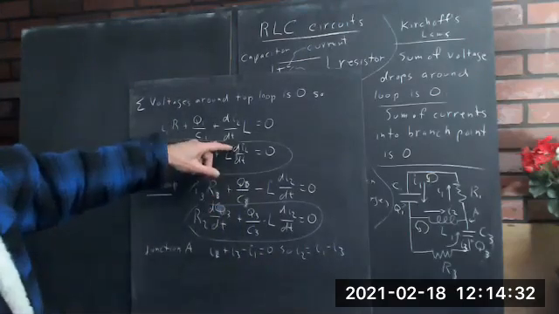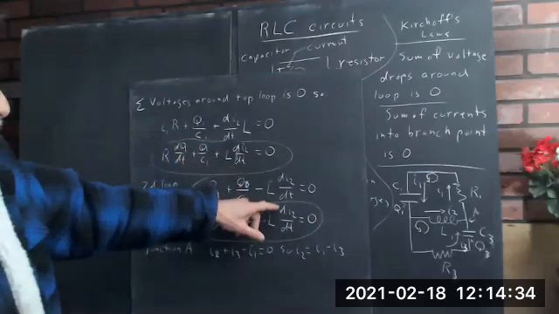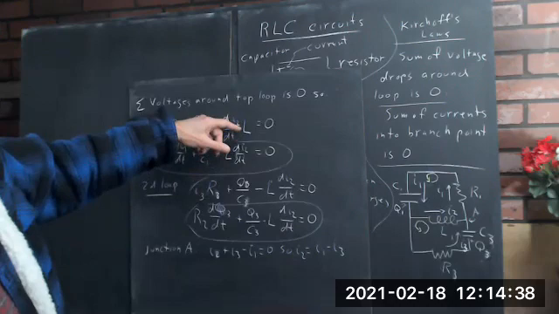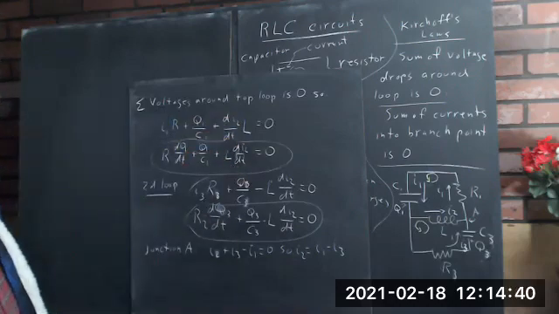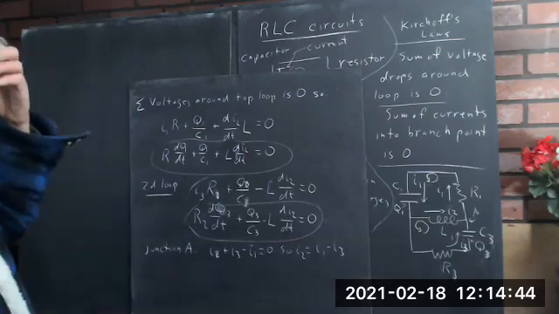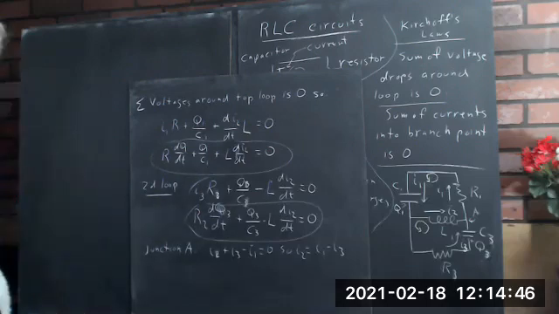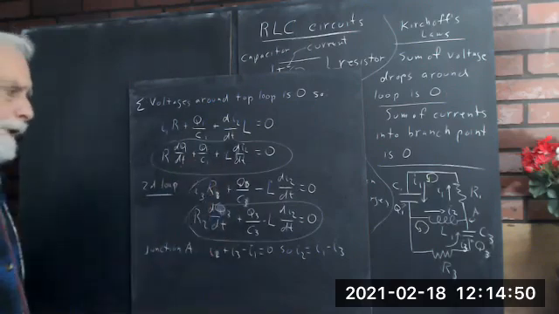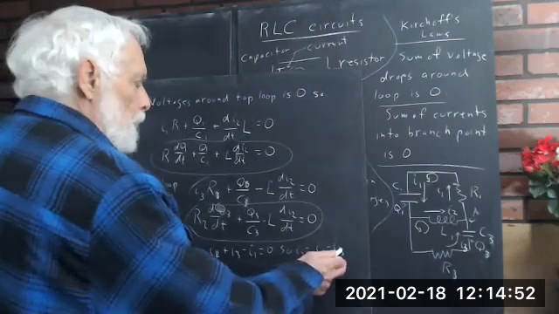So now I can take my di2 dt here and here and replace it by di1 dt minus di3 dt, so that I just have two currents to consider. Okay, so I can rewrite these equations now in terms of just I1 and I3.